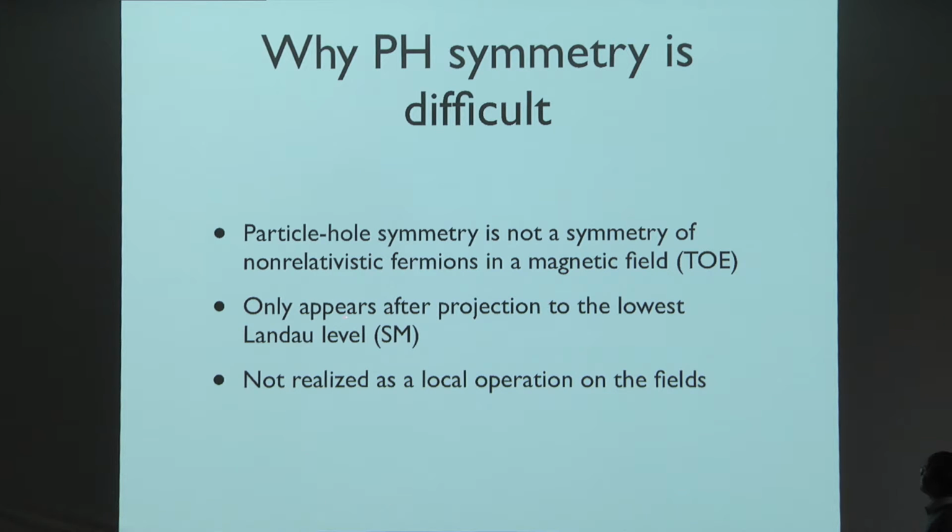Such a symmetry only appears after the projection to the lowest Landau level, which we have called the standard model of the fractional quantum Hall effect. And so it is not realized as local operations on local fields, like the symmetries we are accustomed to in field theory.